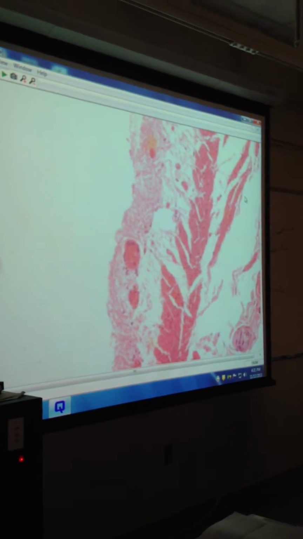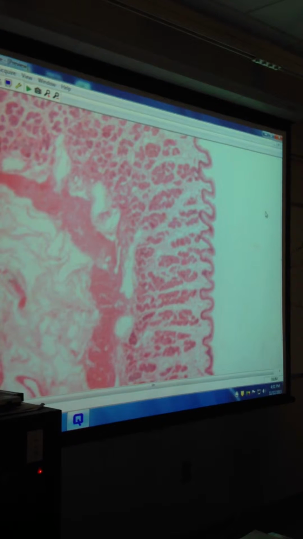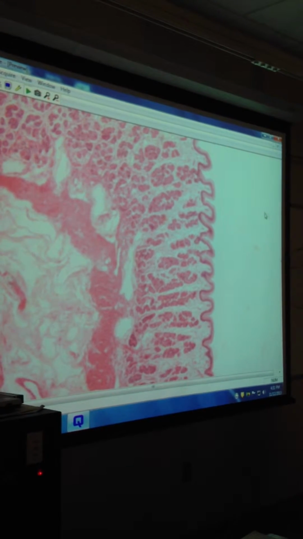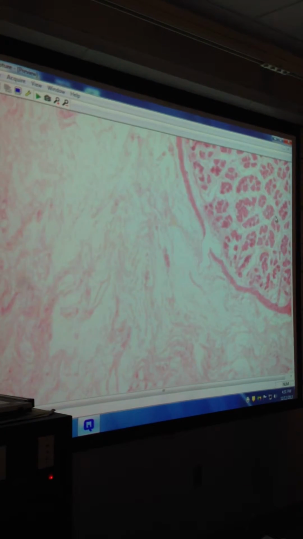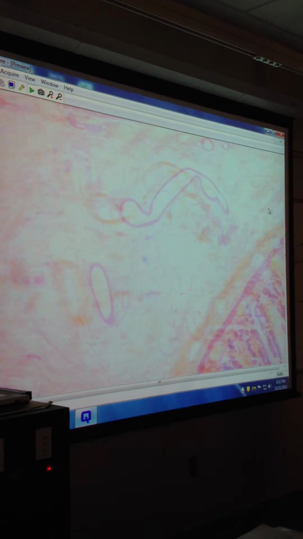Alright, so that was one of the sections. Here's another section, just taken from a different part of the stomach. Let's see what we can find here.